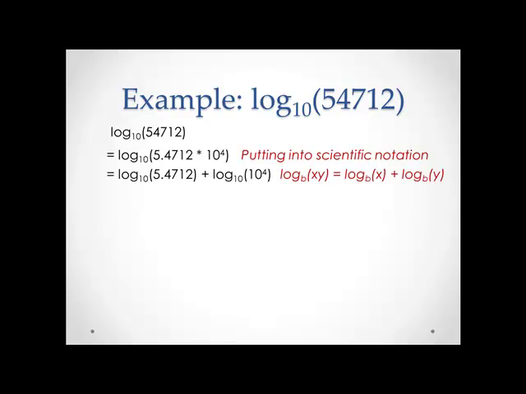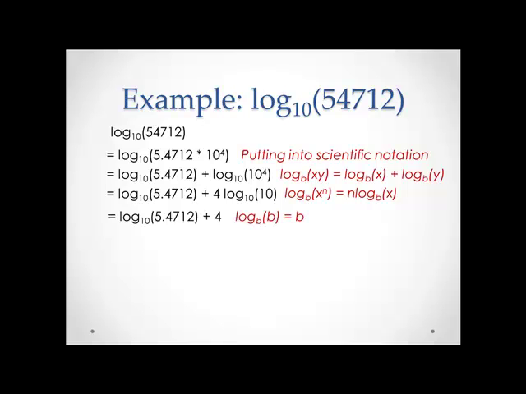Next, we can bring the power of 4 to the front to get log base 10 of 5.4712 plus 4 times log base 10 of 10, which is equal to log base 10 of 5.4712 plus 4, because log base 10 of 10 is 1.